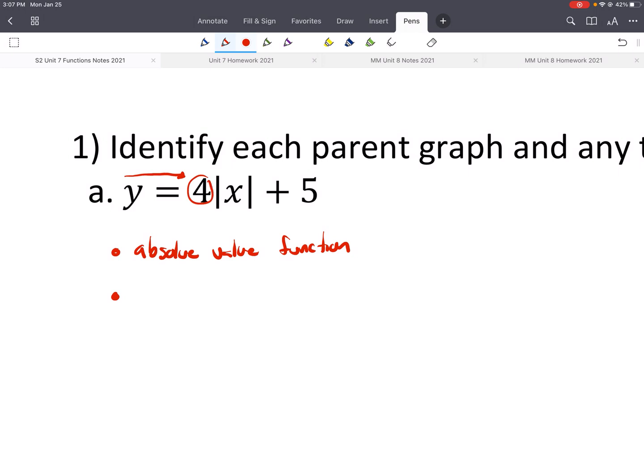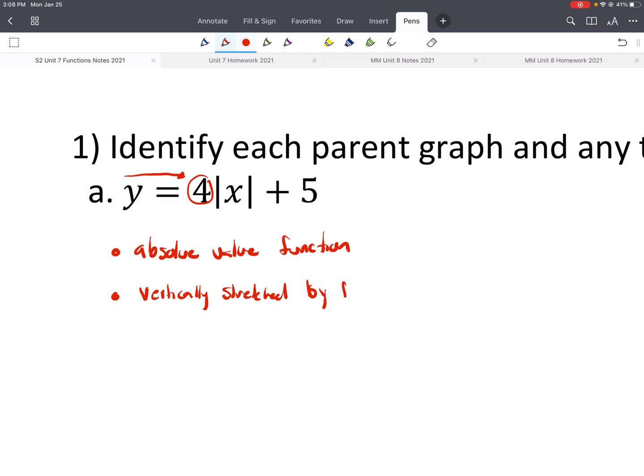Next, we have our 4. So that means it is vertically stretched by a factor of 4. You could say by a factor of 4.